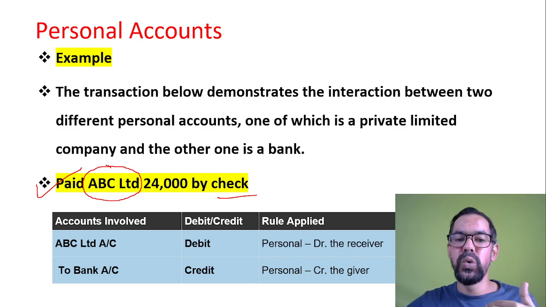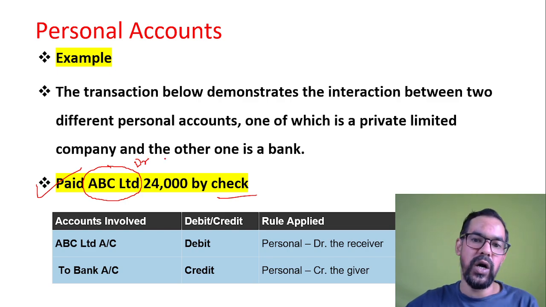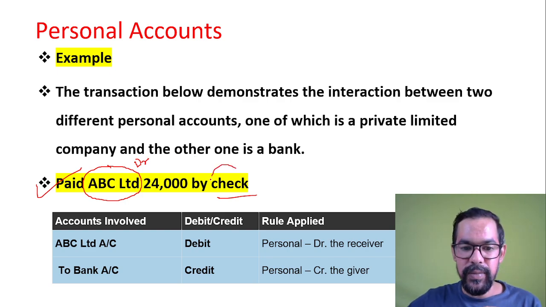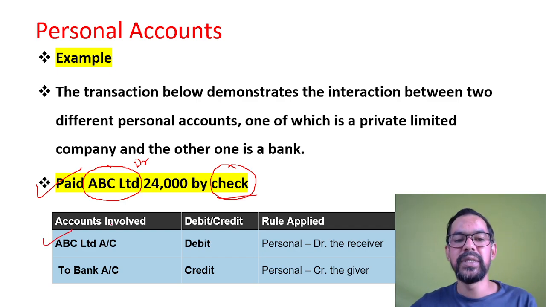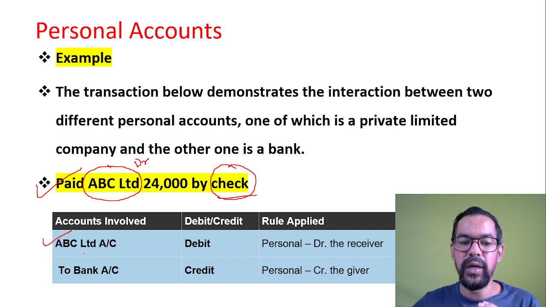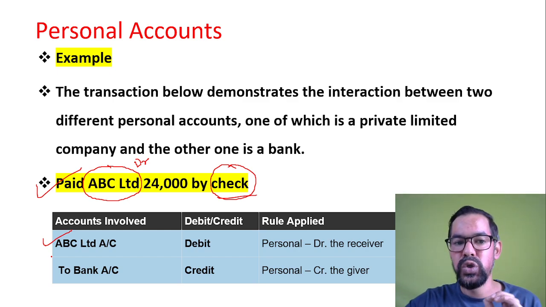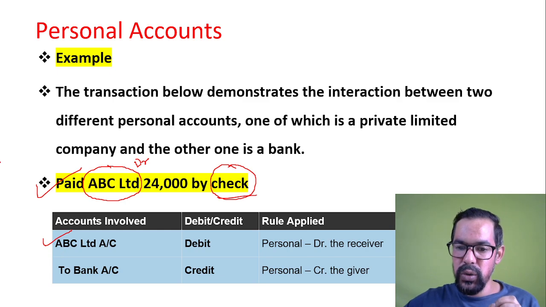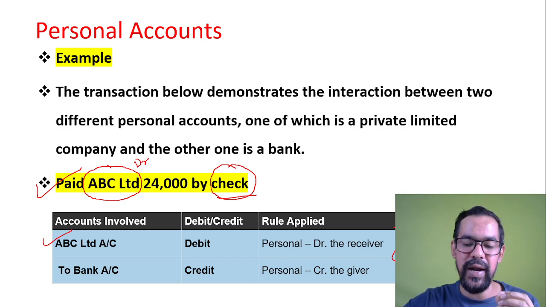Debit the receiver. Who is receiving that money? ABC Limited. So the ABC account will be debited, and since cheque means bank, the bank account will be credited. You can see the entry: ABC Limited account debited and bank account credited. Just remember these golden rules, and you can easily make entries in the journal.